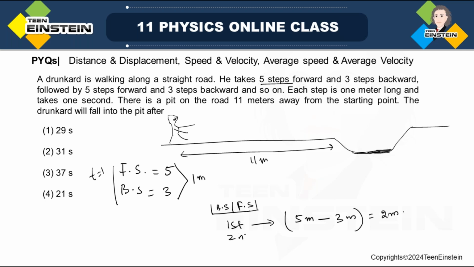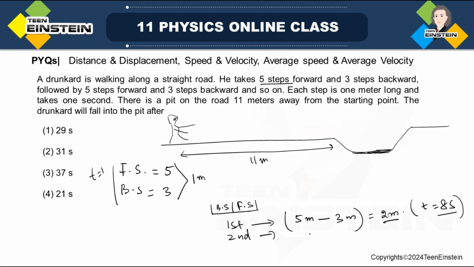But how much time does he take during this first attempt? The time is 8 seconds, because he takes 5 steps, each step takes 1 second, and then 3 steps backward. So in each attempt he advances by 2 meters, but it takes 8 seconds.